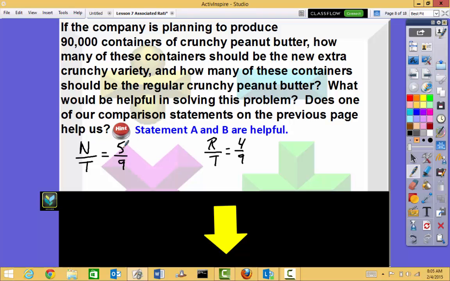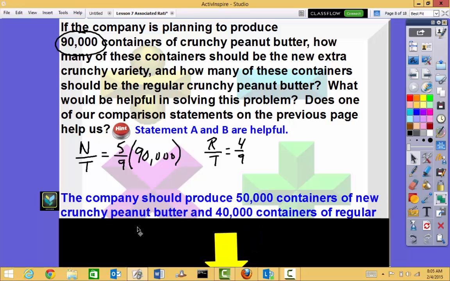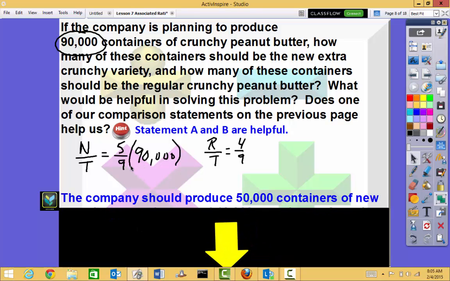If I check, I'm going to multiply these by that 90,000. It's telling me 90,000 containers are going to be made, and 5/9 of those are going to be crunchy, the new extra crunchy kind. So what do I get when I multiply that?